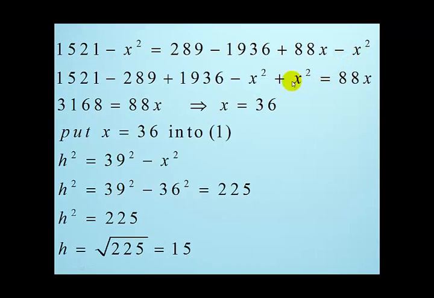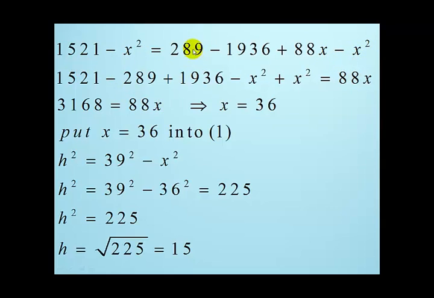We group the constants on the left hand side with the x squares, and the term with the x on the right hand side. So because we have minus x squared on the right hand side, that becomes plus x squared on the left hand side. That is how we have minus x squared plus x squared, because already we have minus x squared on the left hand side.